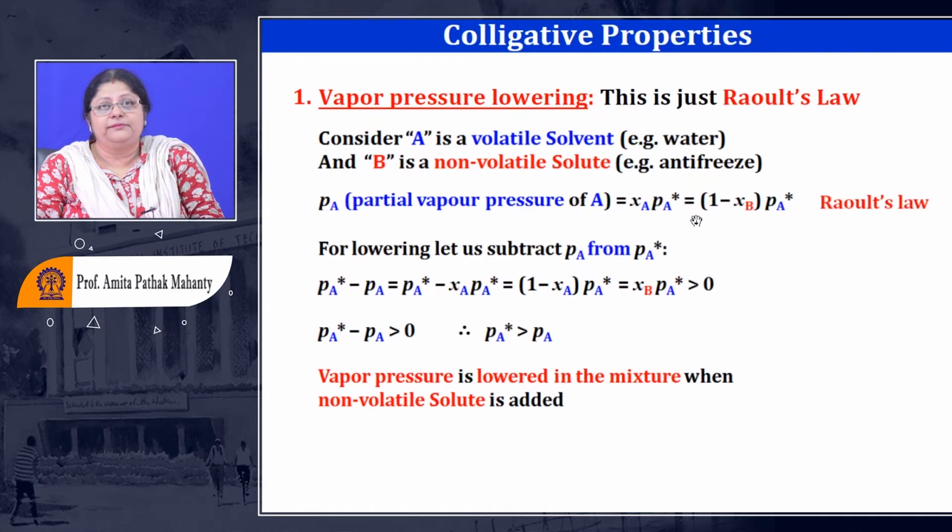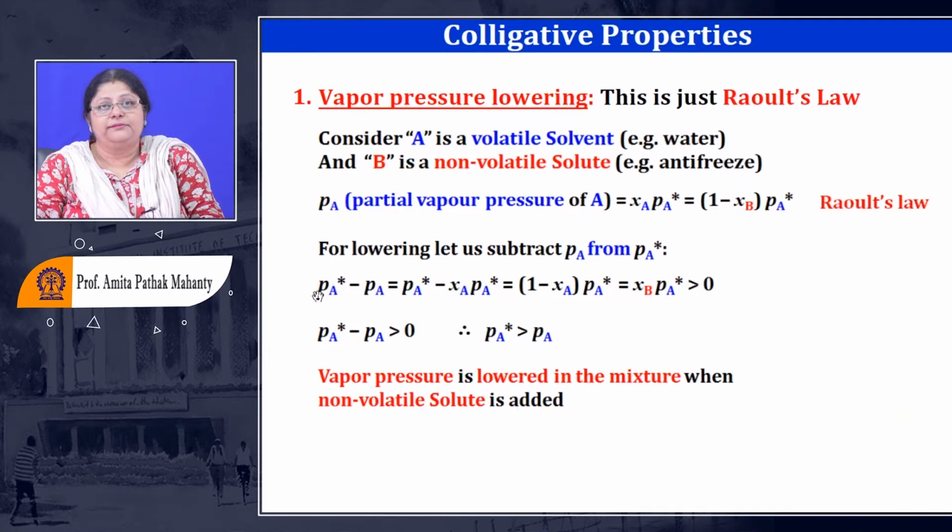If I want to see whether there is a change in the vapor pressure of a previously pure liquid solvent when we add a small amount of solute B, how do I see whether there is a lowering or not? I take the vapor pressure of the species in the pure state minus the partial pressure of the species in the solution.